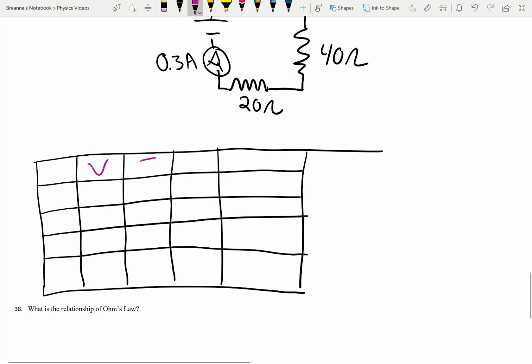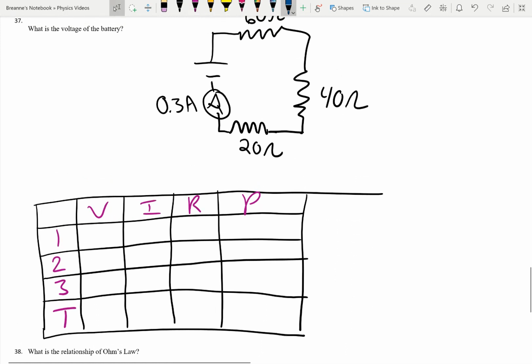If we need power, 1, 2, 3, total. It doesn't matter which ones you make first, second. So we're just going to do 60, 40, 20. And it does give us our total current. And since it's a series circuit, our current is going to be the same all the way up.